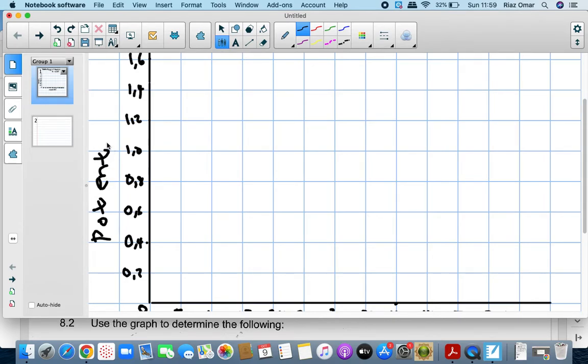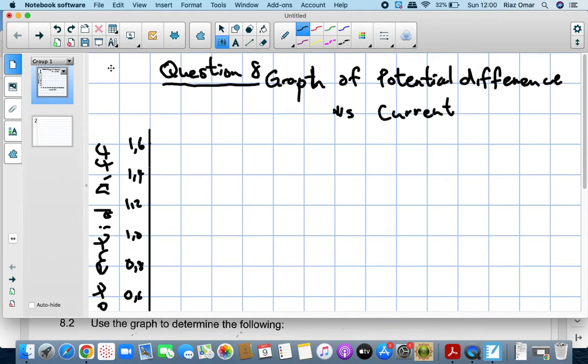Potential difference, and you should say it's measured in volts. Okay, I found it difficult to write sideways, but basically you know what to do.